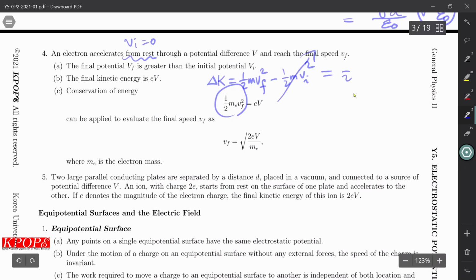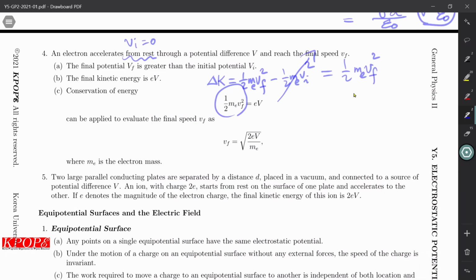So delta K is 1/2 m v final squared. This is the electron, so we put subscript e to identify the mass of the electron.